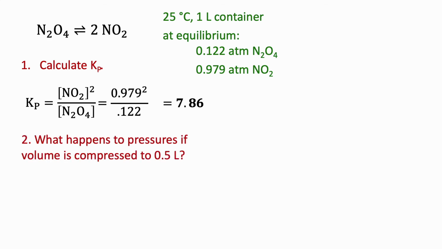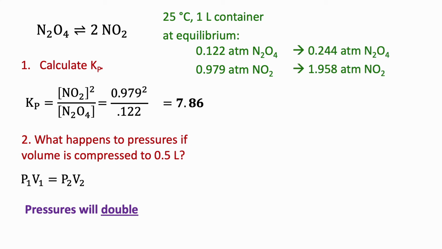Now think about what happens to the pressures if the volume is compressed to 0.5 liters. Remember that pressures and volumes are inversely related, so if our volume is halved, our pressures will double. That means that our partial pressures for both gases are different. So now we have double the amount of N2O4 and double the amount of NO2.